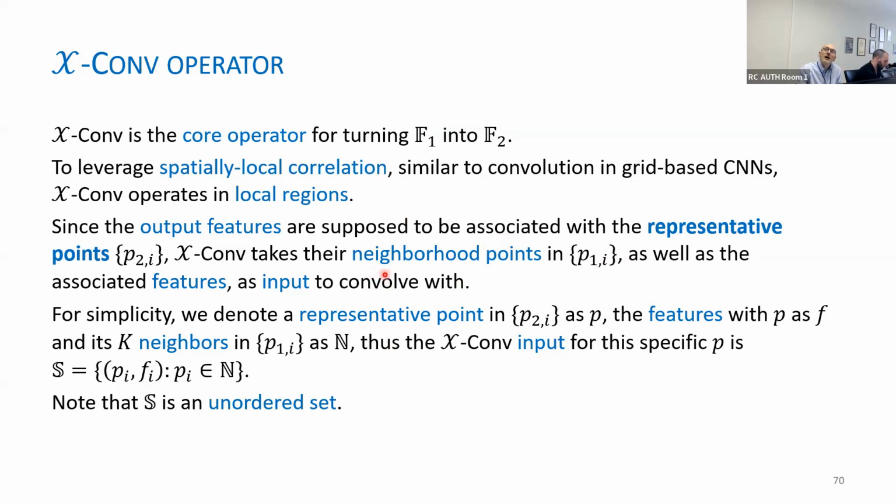So the neighboring points are those at the previous level, so they are P1, and the representative points are those at the next level, so P2.